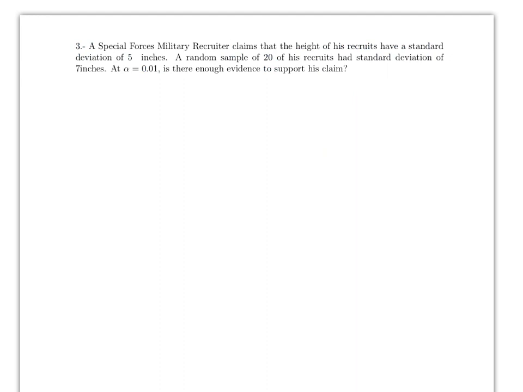Number 3 is from section 8.4. Here the claim is about the standard deviation. So step 1, the claim is that the standard deviation for the height of the recruits is 5.